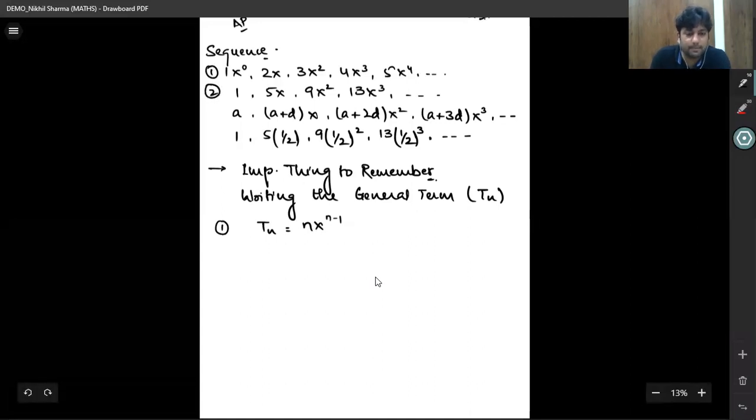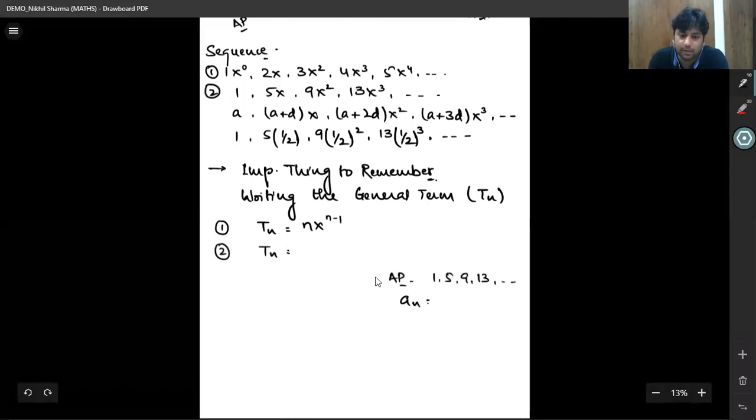In the second example, what will be the general term? First of all, let us find out the general term for the terms of the AP. So this AP is 1, 5, 9, 13, and so on.